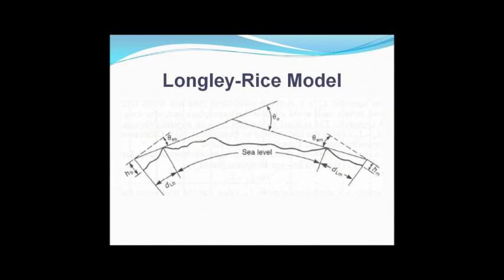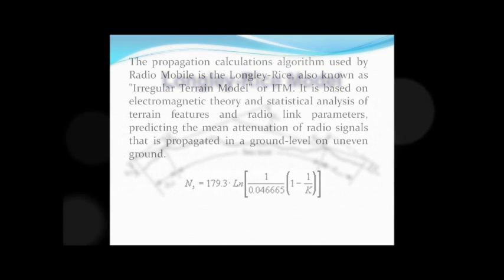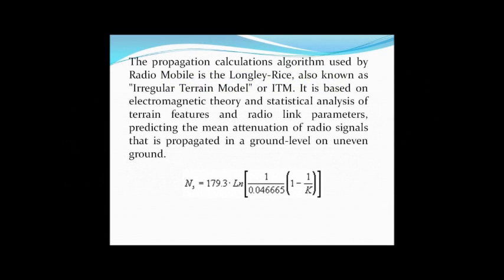Longley-Rice model. The propagation calculation algorithm used with Radio Mobile is the Longley-Rice, also known as the irregular terrain model or ITM. It is based on electromagnetic theory and statistical analysis of terrain features and various link parameters, predicting the mean attenuation of radio signal that is propagated at ground level and below ground.